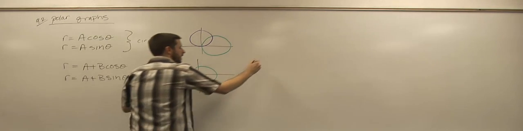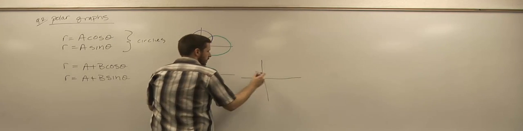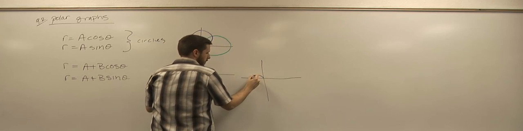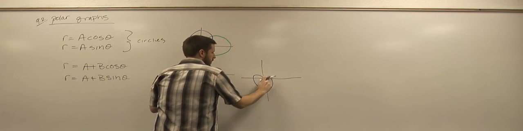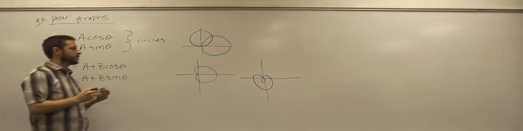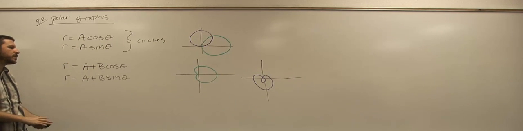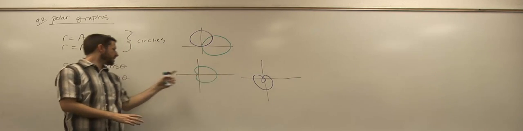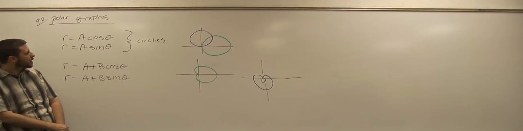Sometimes you can have a loop in there, something like this guy where you loop around it. But it's going to be some kind of heart shape. Whether you have a loop or not depends on how big these are, but if you plot points, you'll see pretty quickly whether you have a loop.